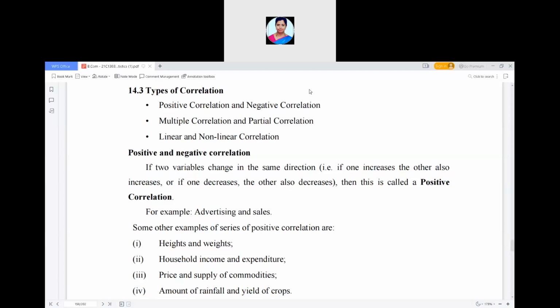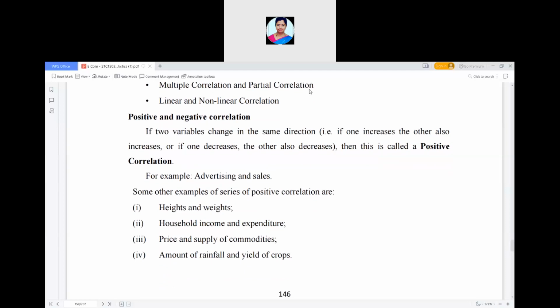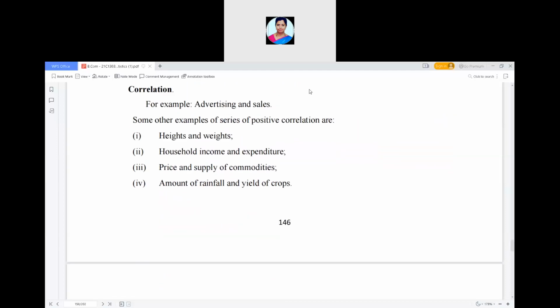For example, advertising and sales are positively correlated. Some other examples are height and weight, household income and expenditure, price and supply of a commodity, amount of rainfall and yield of crops.